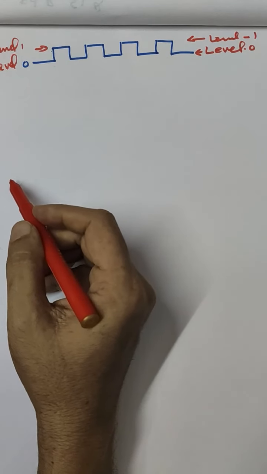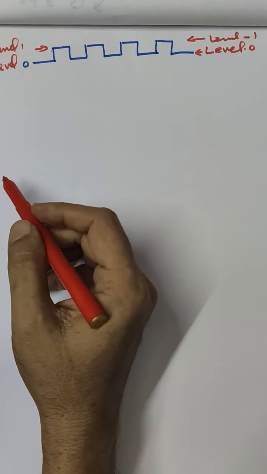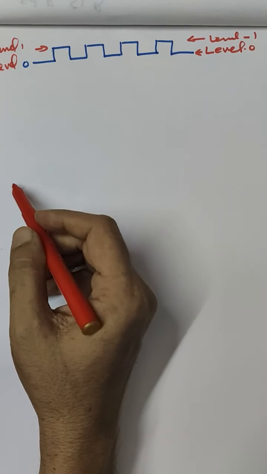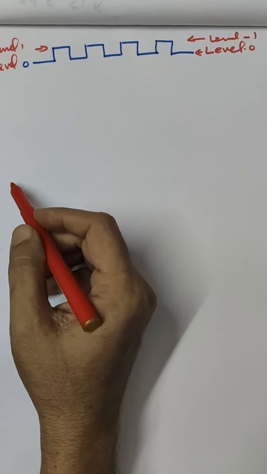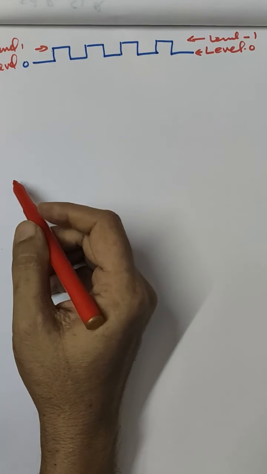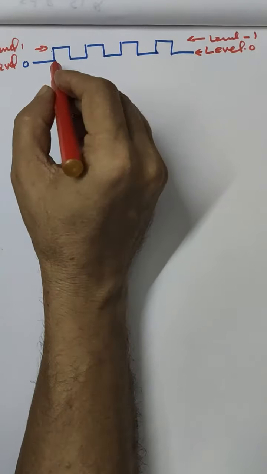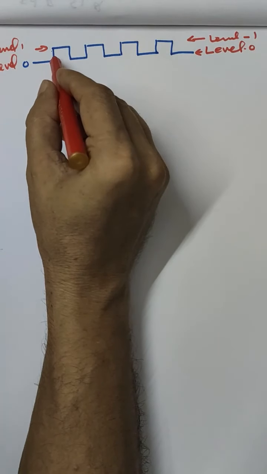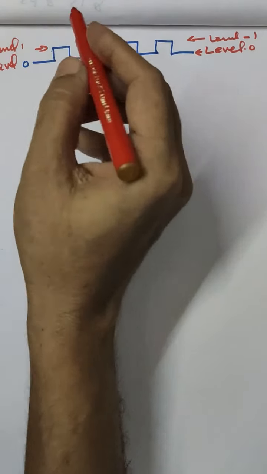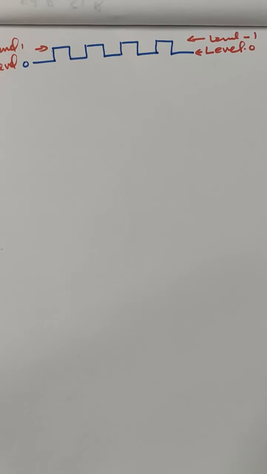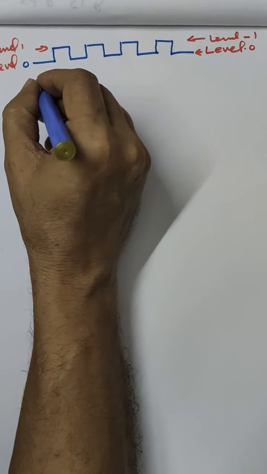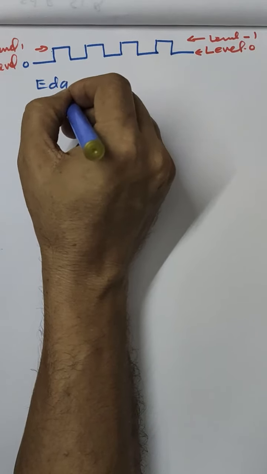So a further modification is incorporated so that it is not active for the complete duration of a clock. Another modification is done so that it will respond only to any of the edges of the square wave. Such circuits are known as edge triggered flip-flops.